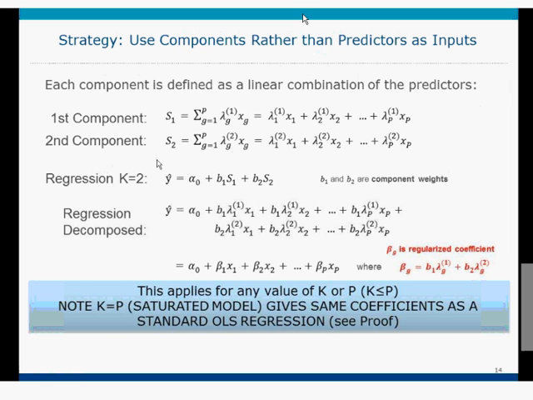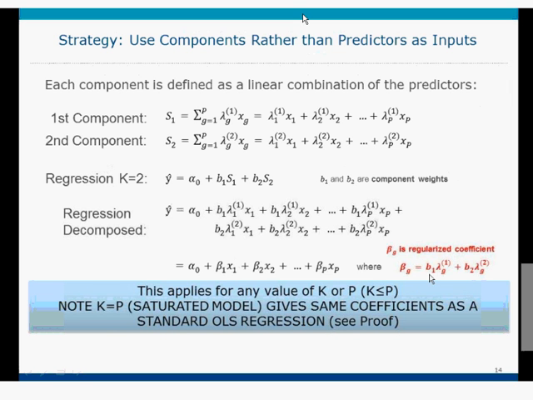If we just substitute this equation here for S1 and this equation here for S2, and regroup the terms, we can re-express this in terms of the original predictors, where the regression coefficient for x1 is b1 times lambda 1,1 plus b2 times lambda 1,2. That's what we now define as beta 1.